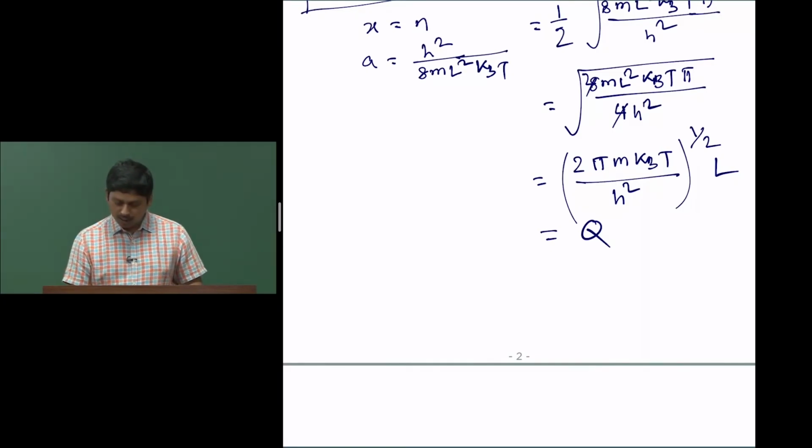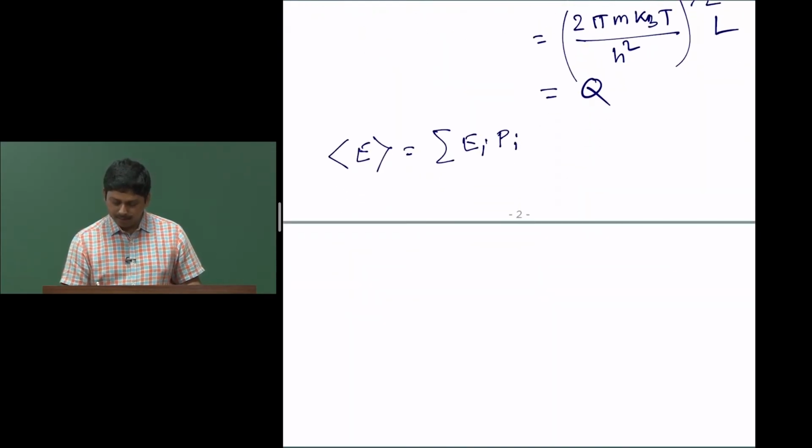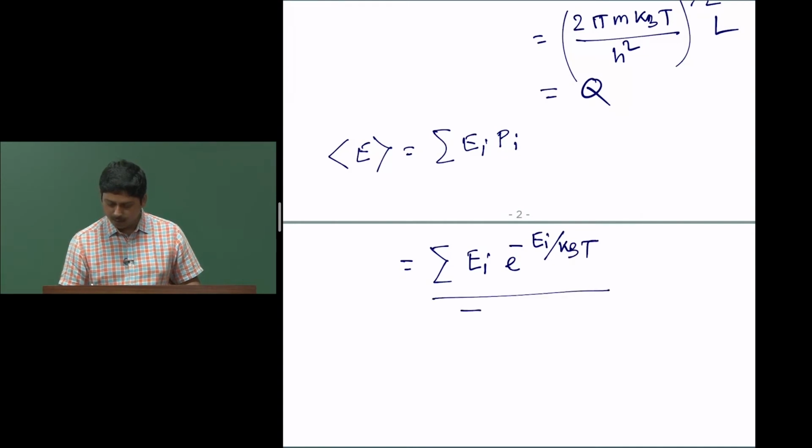In order to calculate the average energy E, we have to write it as the sum of EI PI, and EI PI is nothing but EI e to the power minus EI by KBT divided by the sum over e to the power minus EI by KBT.